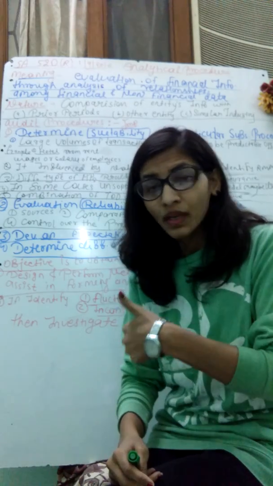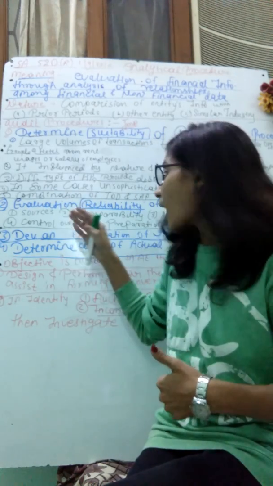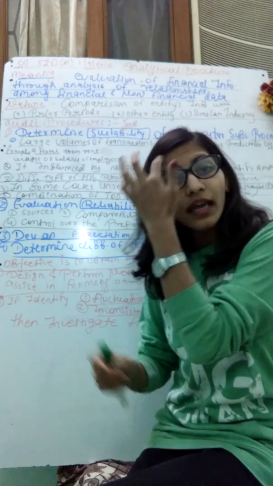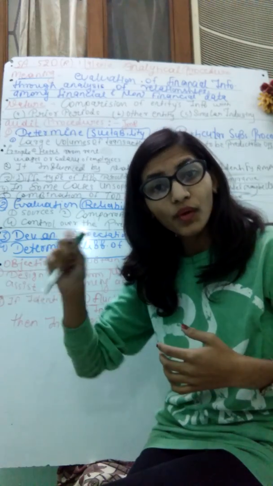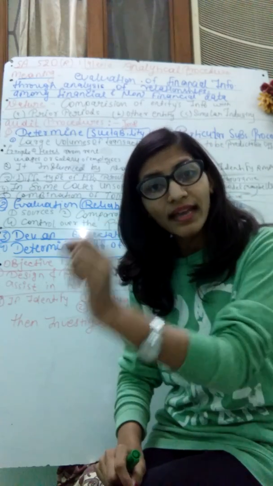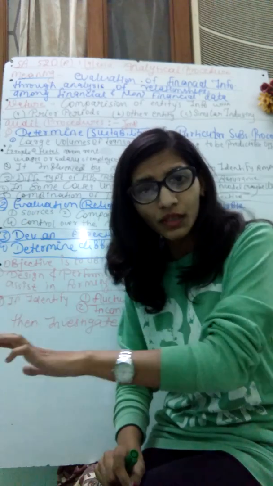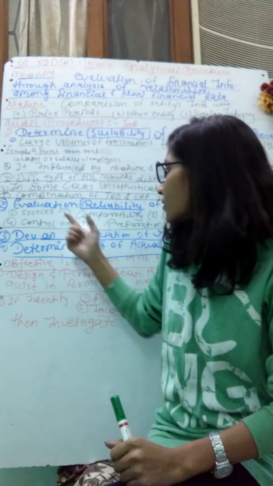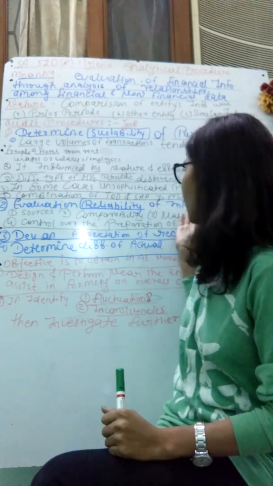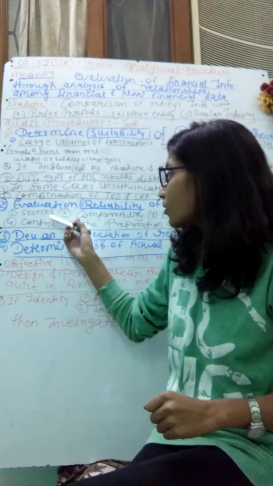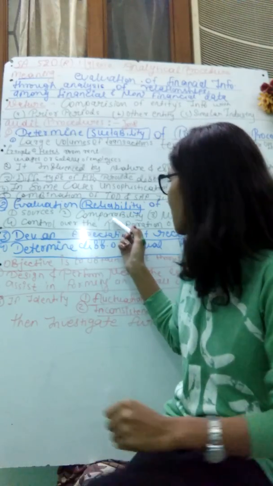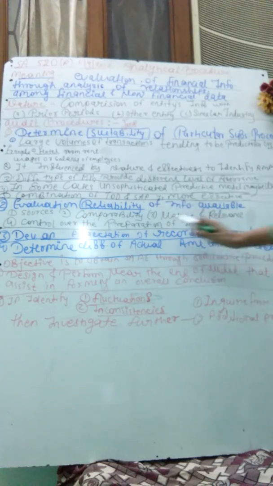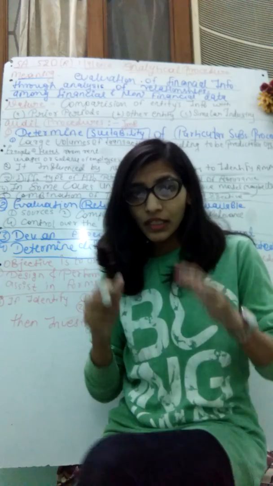But in the exam, if they ask about the reliability, then they specifically write there as per SA 520. Okay, so I don't think there is any confusion. So evaluation of reliability of information available depends on the sources, comparability, nature and relevance, and control over the preparation of information. First is sources.